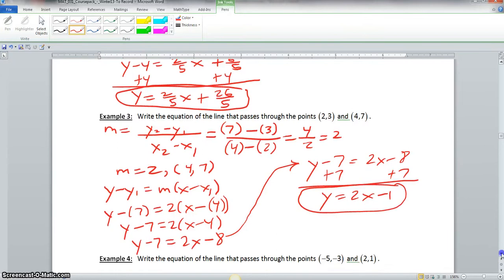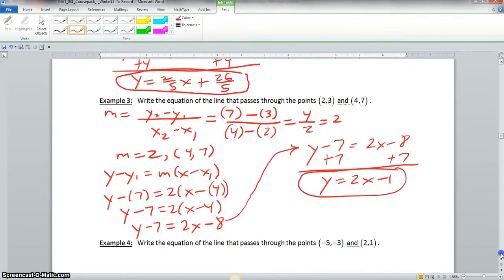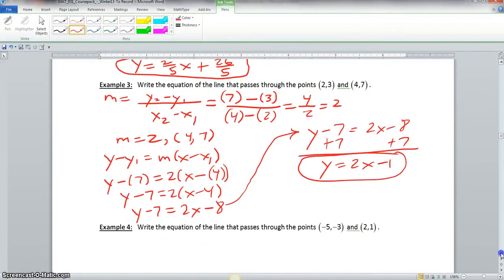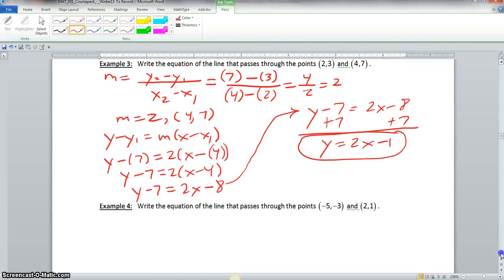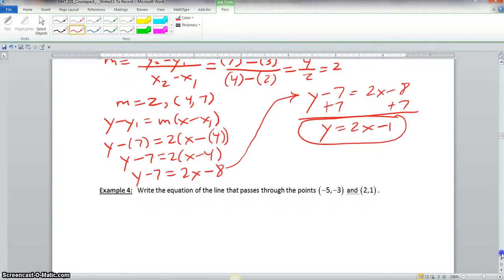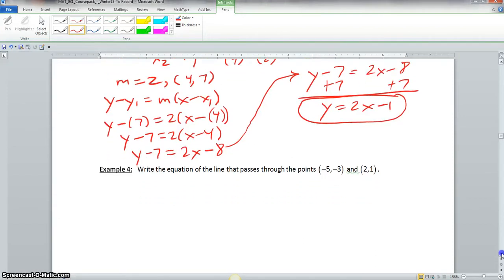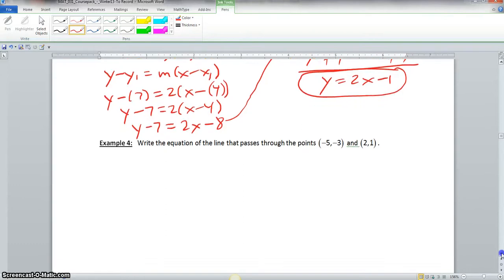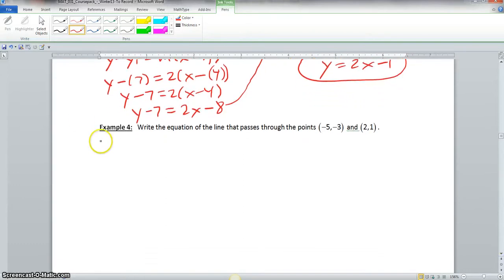Now we go here to example 4. Now example 4, it says write the equation of the line that passes through the points (-5, -3) and (2, 1). So now we're going to find the slope again. So we will have m is equal to, I don't need to write the formula again, I wrote the formula earlier.